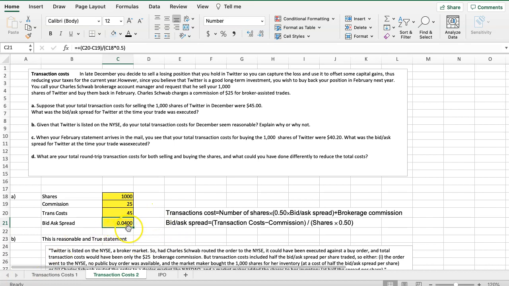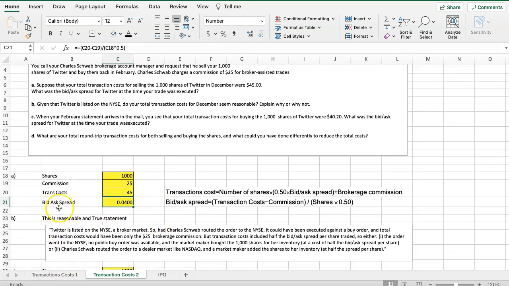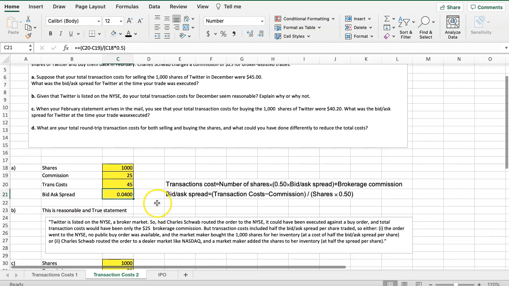And we come up with 0.04 would be the bid-ask spread. That's how we calculate the bid-ask spread, and that's per share.